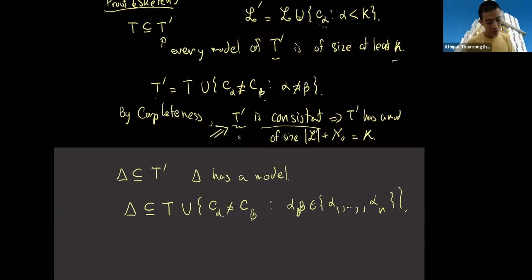So you pick finitely many of them, and you say that they are distinct.